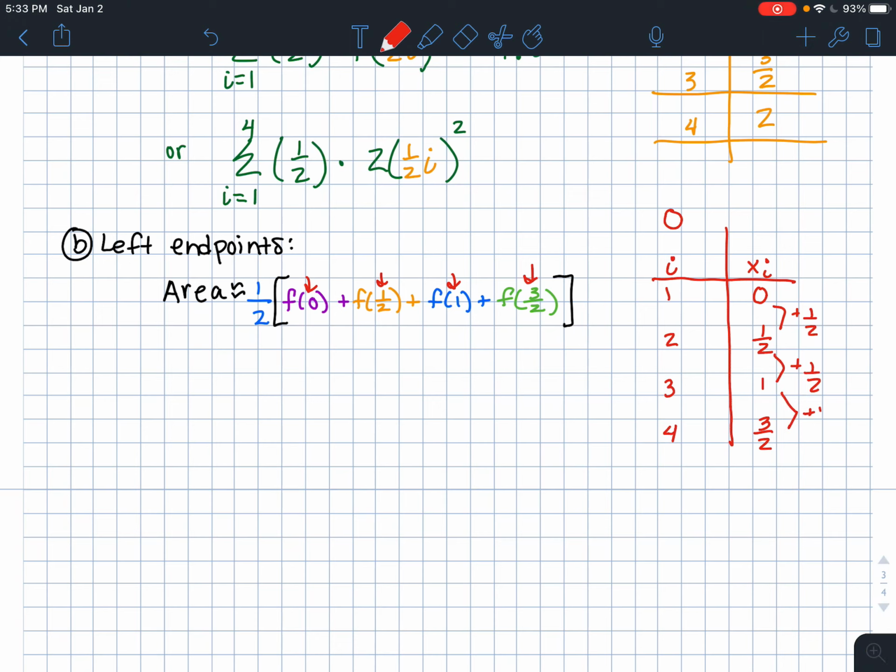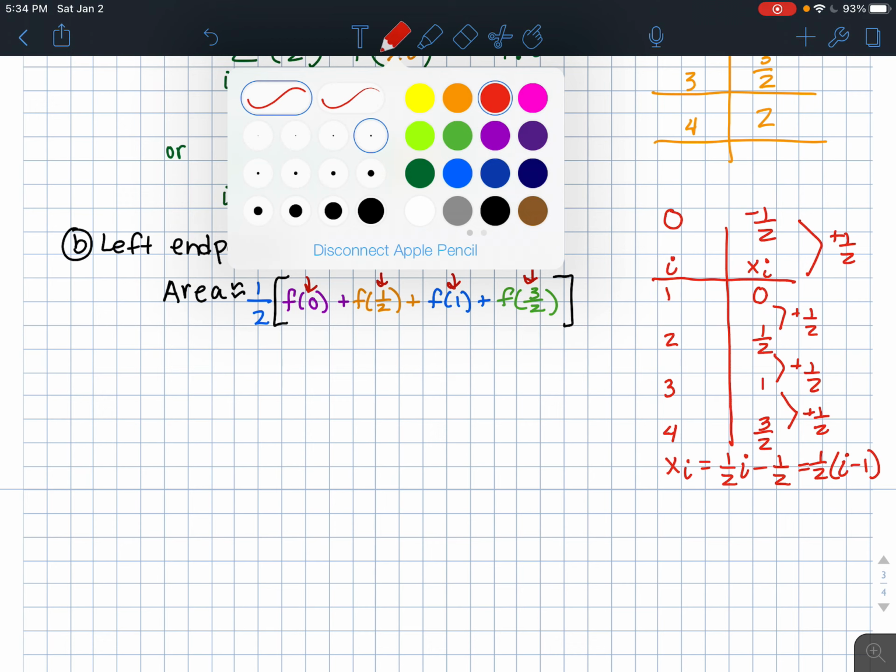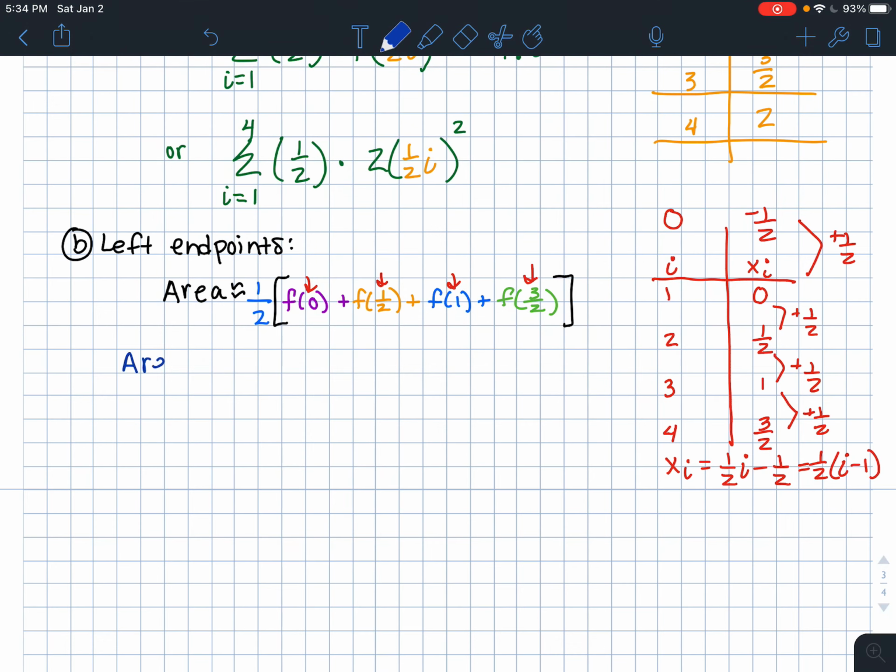This is adding 1/2 each time, so I have a constant increasing slope of 1/2, which means that if I go backwards, I would subtract, and I would have a y coordinate of -1/2, which means that x sub i is really just equal to 1/2 x minus 1/2, which is also equal to 1/2 times x minus 1. And by x, I mean i, because that is a typo. Because we're plugging in an i and getting out the x. So that's what I'm going to plug in for my endpoint.